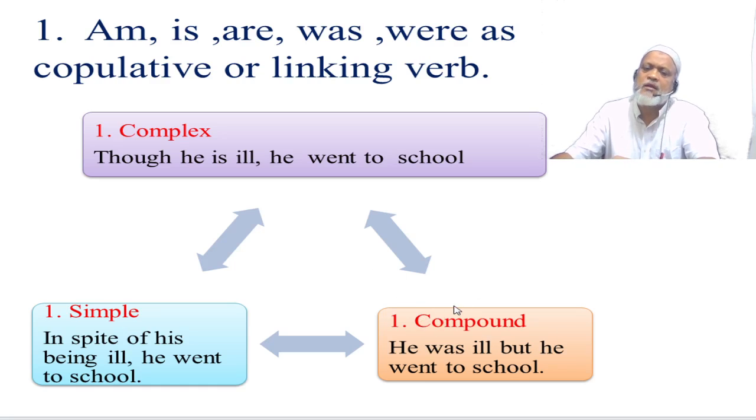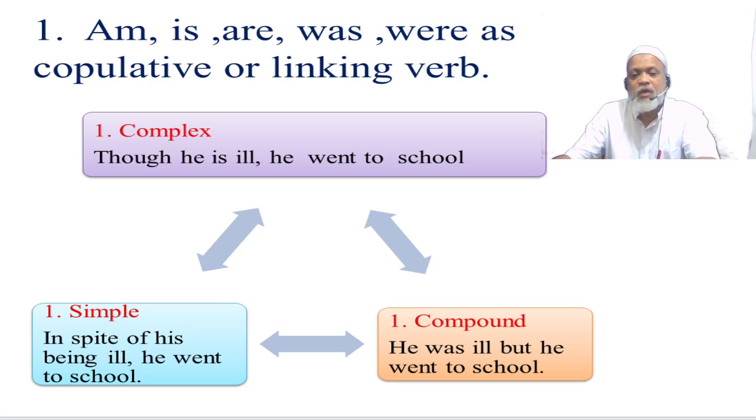And think another way. If you are given a compound sentence having but in your question paper, how will you change it into complex and simple? It's the same way.